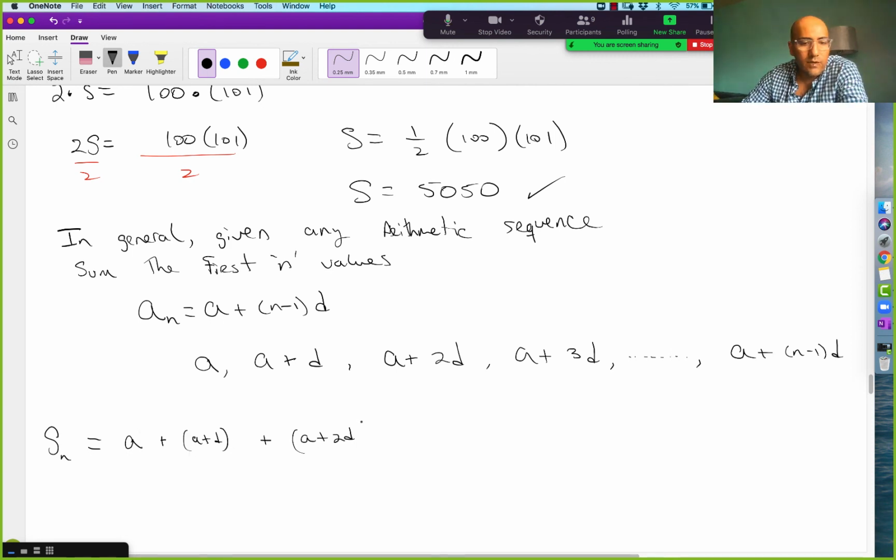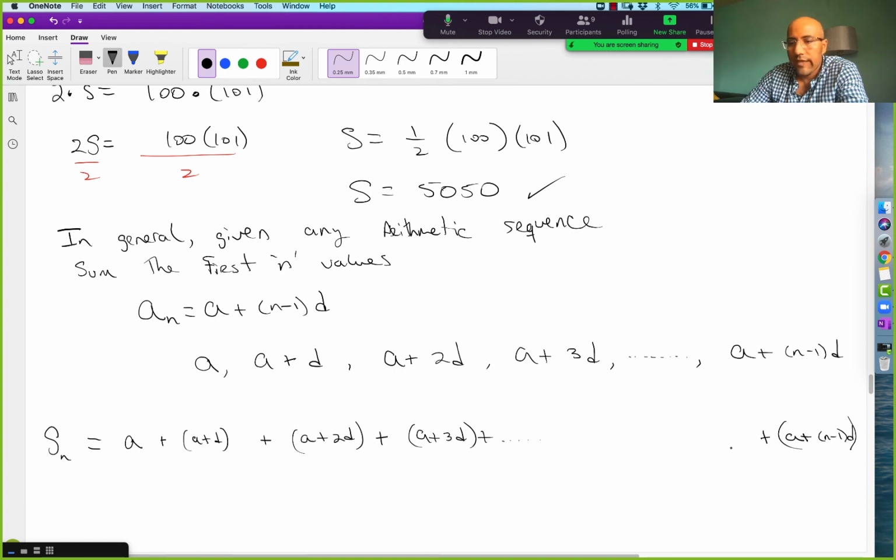Too many plus signs running around. And then the next one is going to be a plus 3d, and then dot, dot, dot. And I want to go all the way out to that last one over there. And the last one is going to be a plus n minus 1 d.